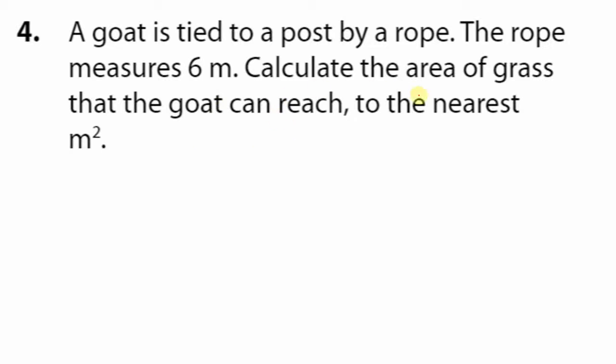So we want to calculate the area, and obviously this goat can form a circle of 6 meters by running around the post. So therefore the radius is in fact 6 meters. So we want the area. So area equals, I think I'm going to give you opportunity to try this one on your own.